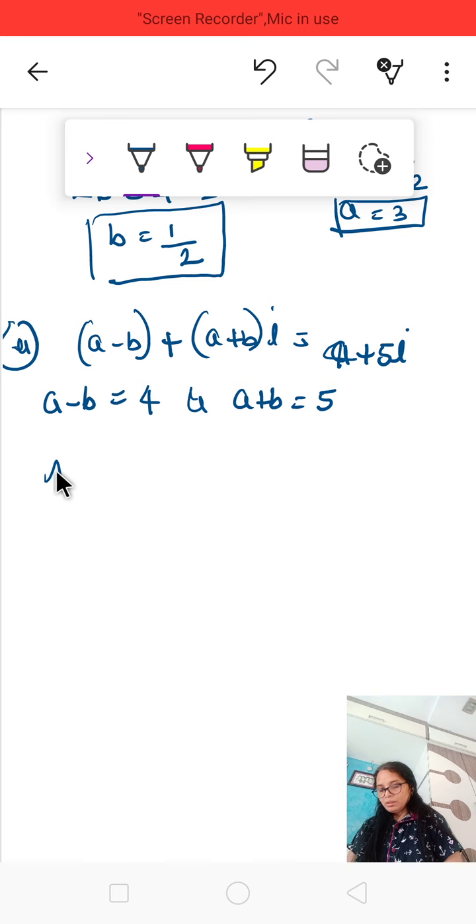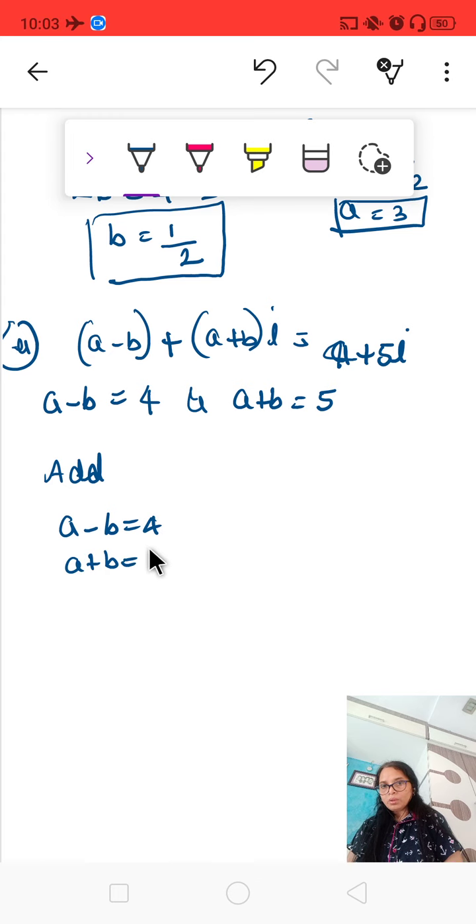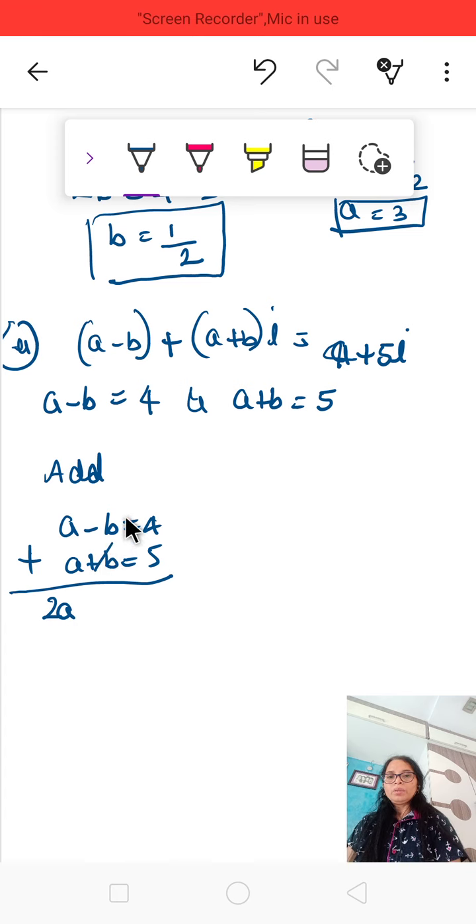Now let us add this one. a minus b is equal to 4, a plus b is equal to 5. Adding, I will get a plus a, 2a, b gets cancelled, 5 plus 4, 9. So a is equal to 9 by 2.